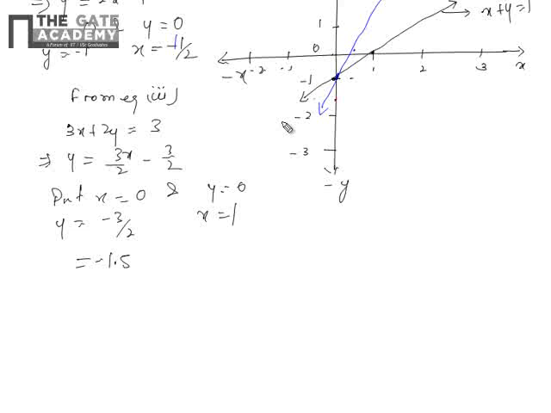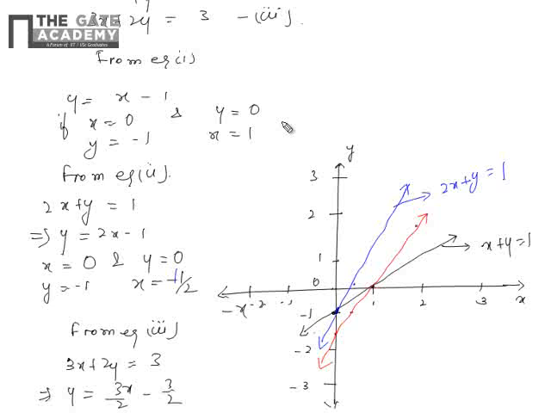So this will be the line, right? This equation is 3x plus 2y equals 3.